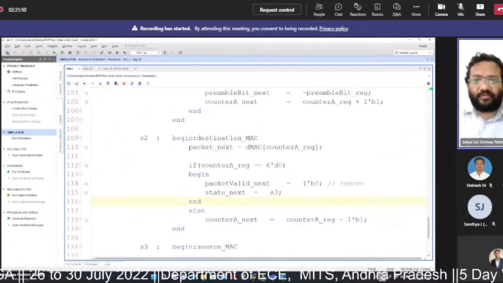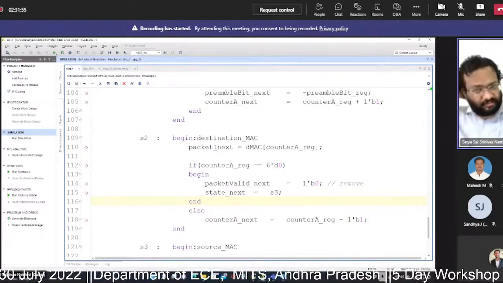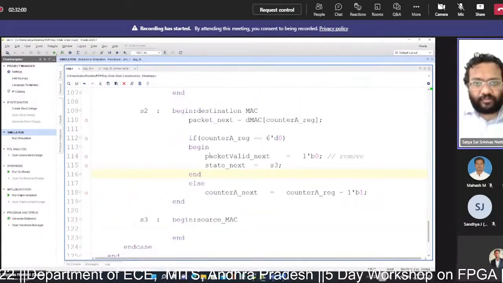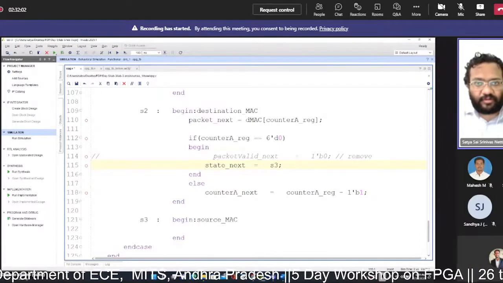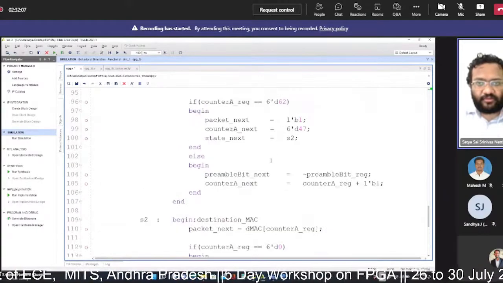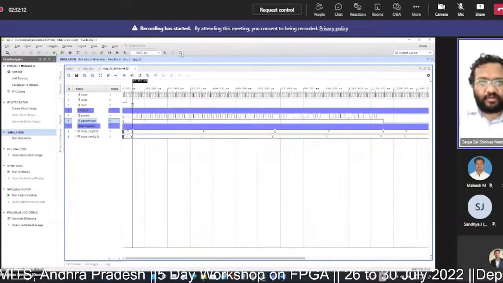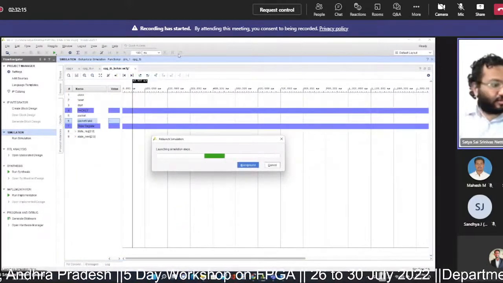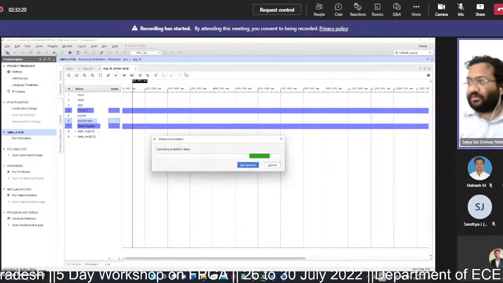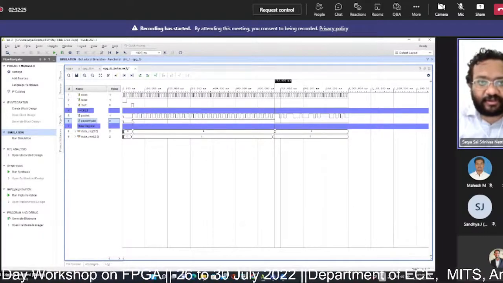In the destination map, getting 64 bits, 675.